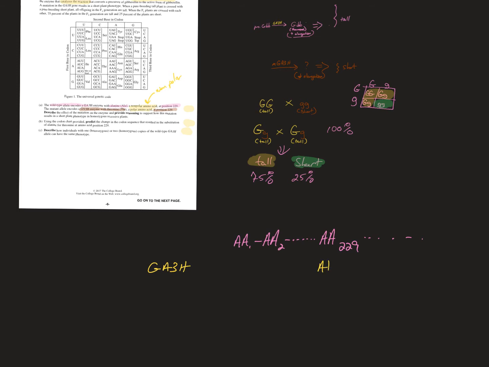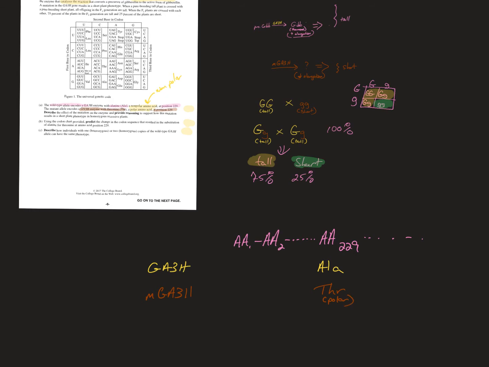It's non-polar. Whereas in mutant GA3H, or the non-wild type, right, it's not alanine. It's threonine, THR, and this is polar.